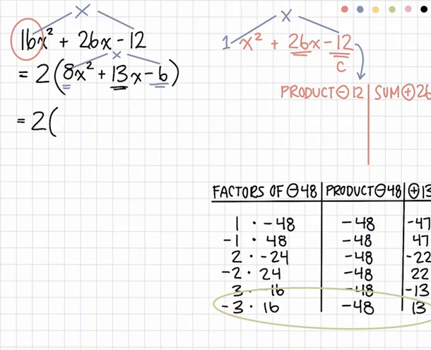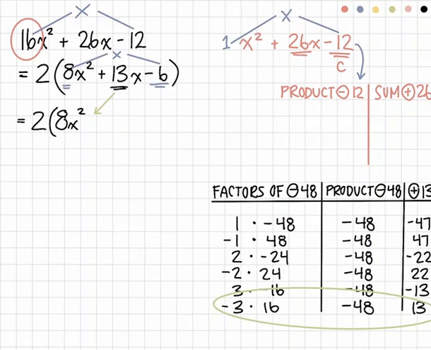You're going to bring down your 8x squared. But what's going to happen is those two factors that we just found, negative 3 and positive 16, we know when we add them, it gives us positive 13, right? So what we're going to do is actually break apart this middle term.